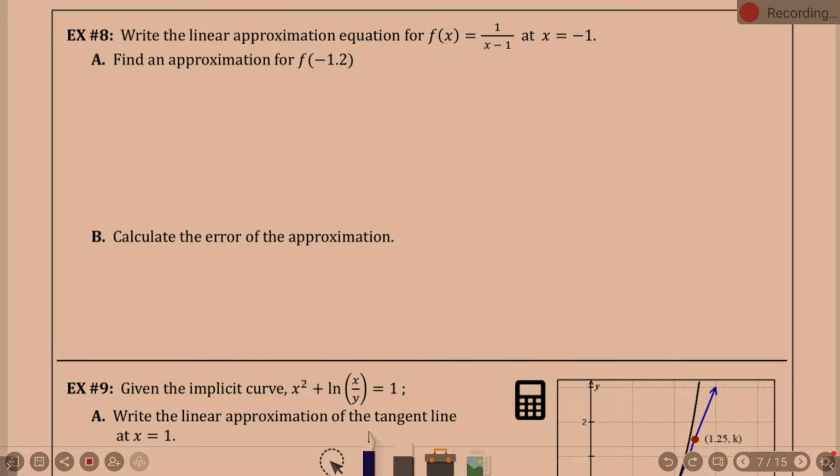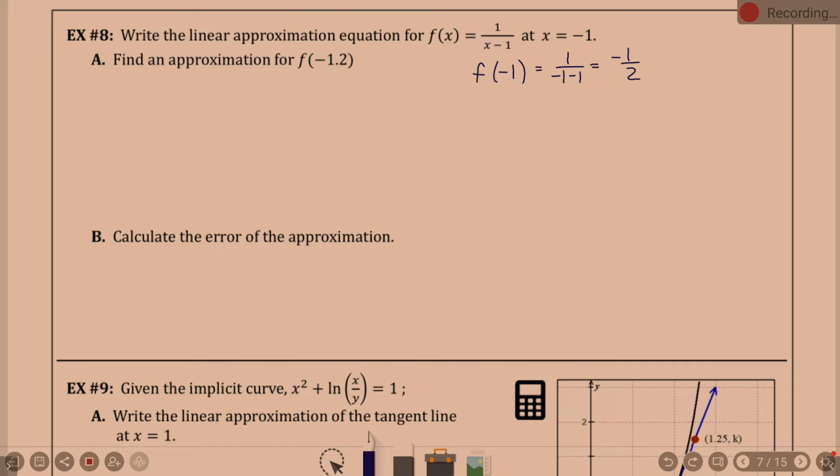I'm going to write my linear approximation first. Actually, I think I'm going to do this part over here, so my -1.2 is right under there. So we need to know f(-1). f(-1) is going to be 1 over -1 minus 1, so -1/2.